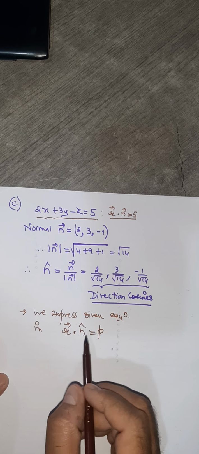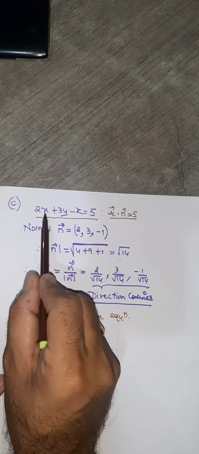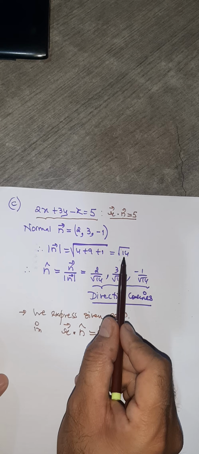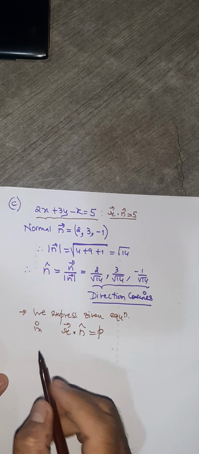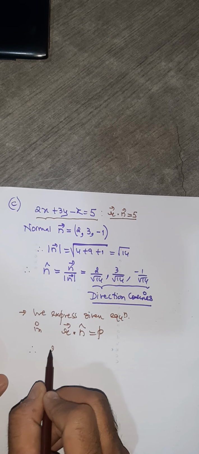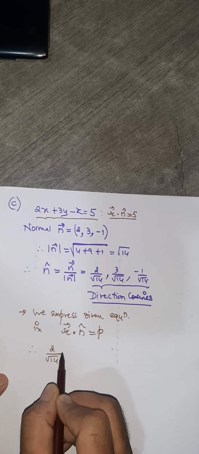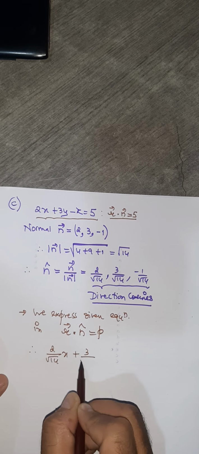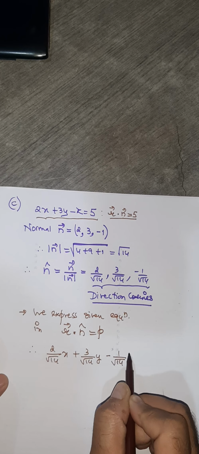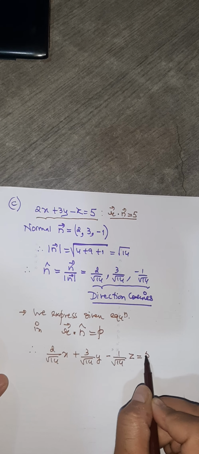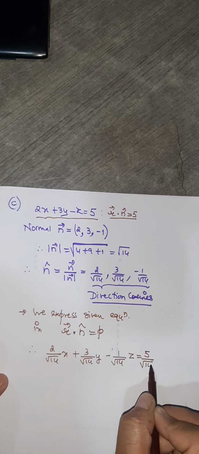To do this, we need to divide the given equation by root 14 because we need to convert this 2, 3, minus 1 into a unit vector. So therefore, 2 by root 14 x plus 3 by root 14 y minus 1 by root 14 z equals 5 by root 14.